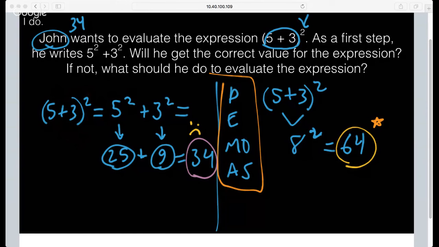Well, no, it's not, in order of operations. That's not how it's going to work. We had to do what was inside the parentheses first, and we got 8. And then we squared 8. So what did he do wrong? He didn't follow the order of operations, and we did.